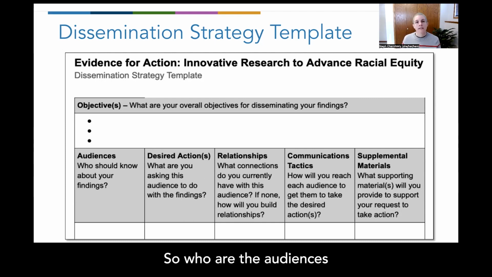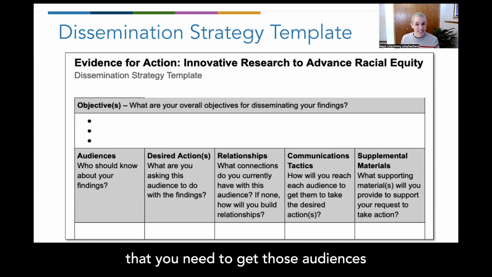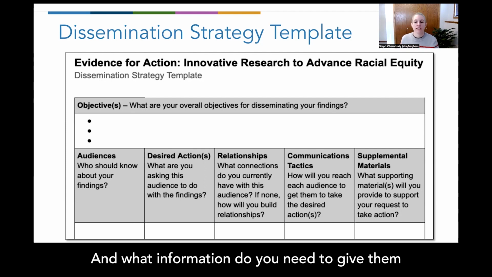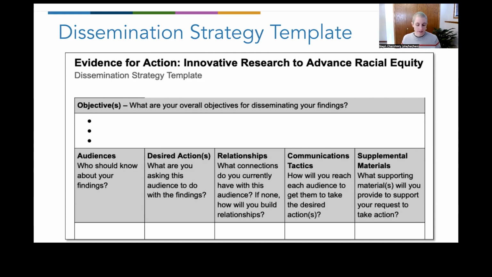So who are the audiences that are going to help you achieve those objectives? And then from there, what do those audiences need to do? From there, do you have the relationships that you need to get those audiences to do what you're asking them to do? How can you reach out to them? And what information do you need to give them so that they will take those actions?